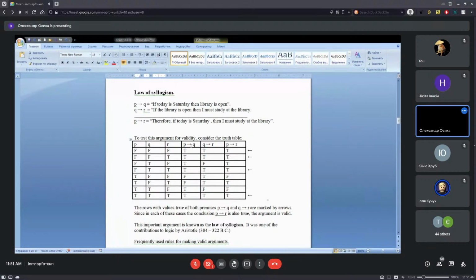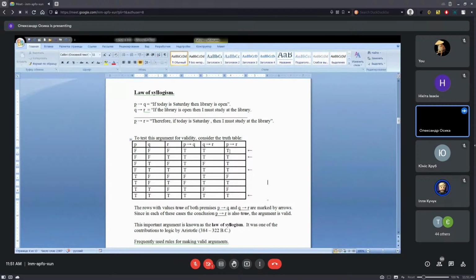Now we found which interpretations bring the value true to the first premise. Okay, now what about the second premise? It is true, true, false, true, true, true. Here I marked the interpretations, actually rows of this table, by arrows, when both premises are true.